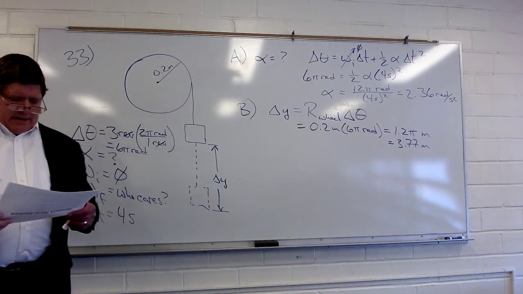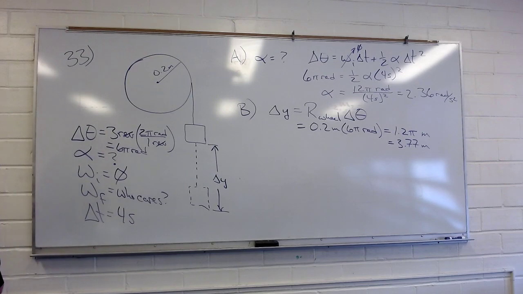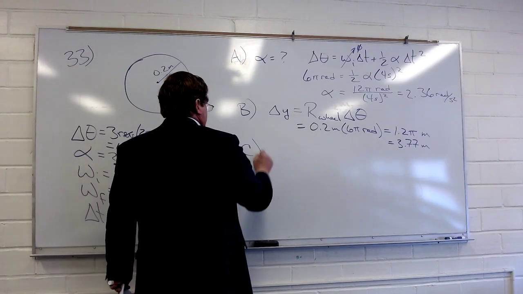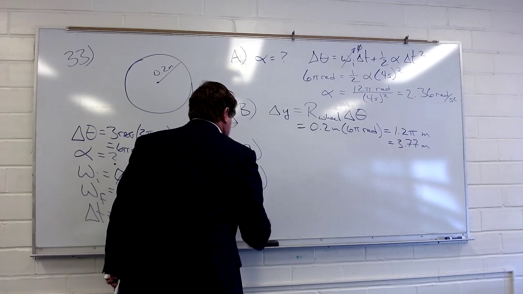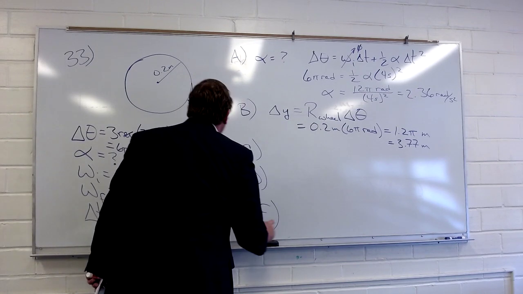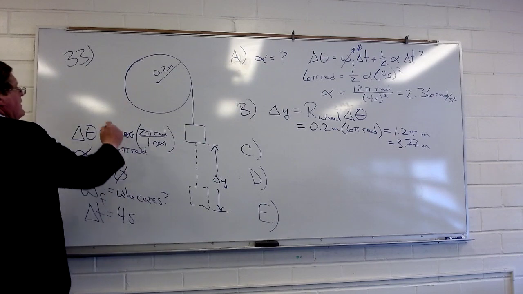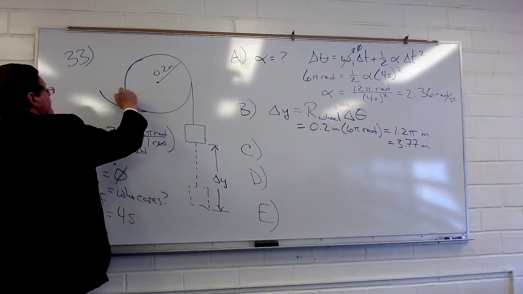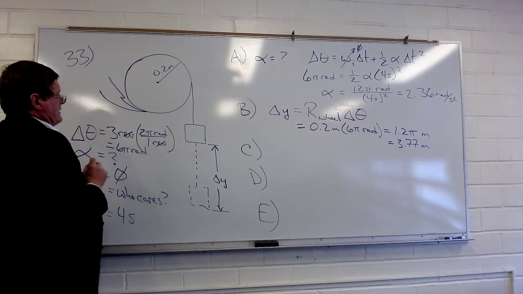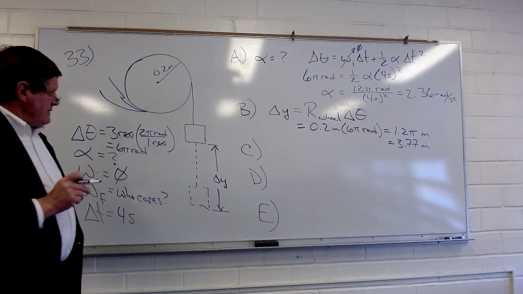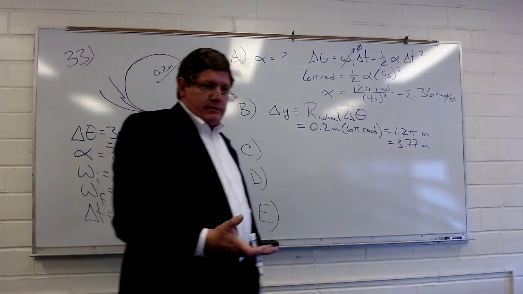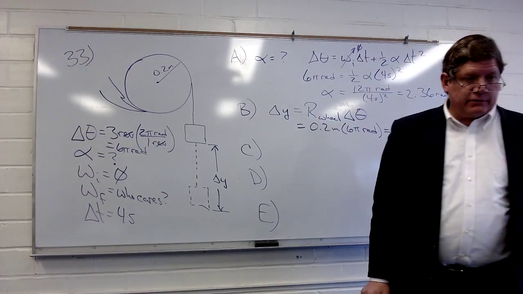Okay, now things change. In parts C, D, and E, we find that a hand is suddenly introduced into this problem, the lobster hand, and that the block that was speeding up, you know, it started from rest, so it clearly was speeding up.